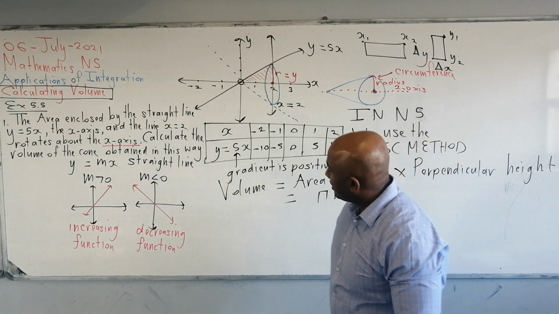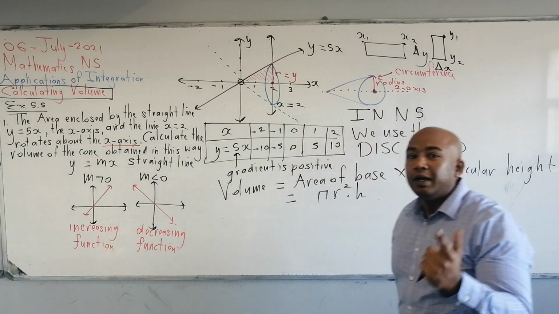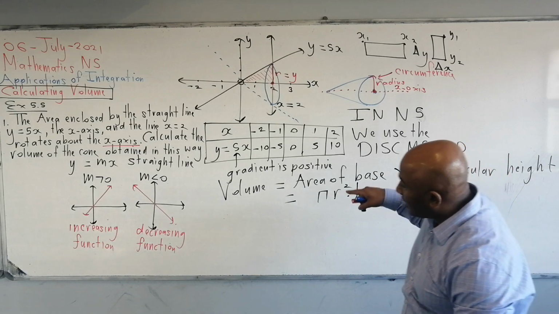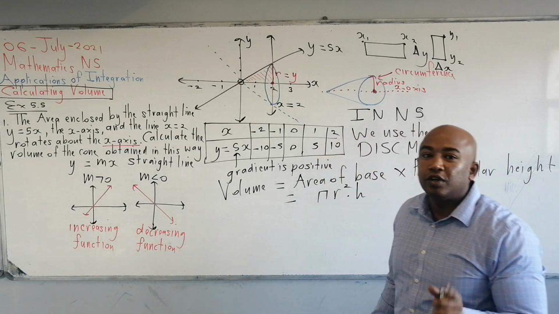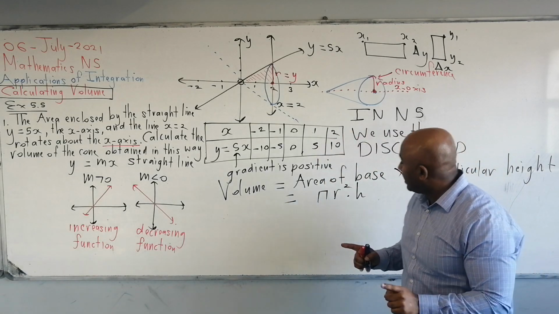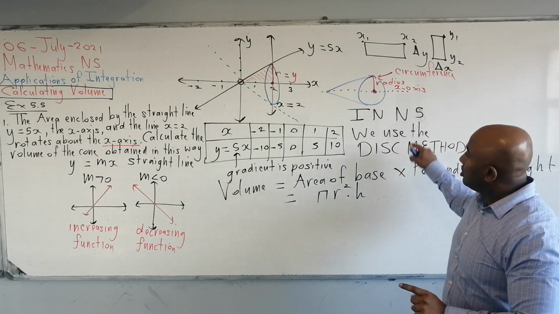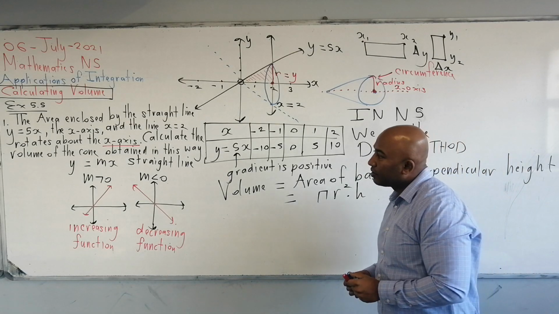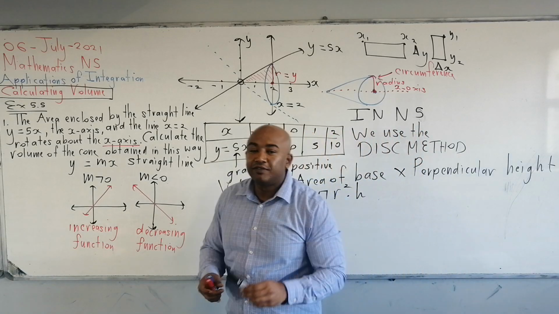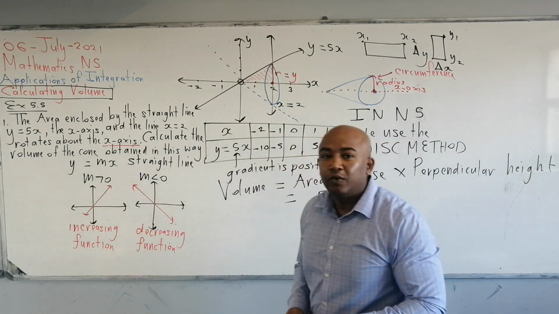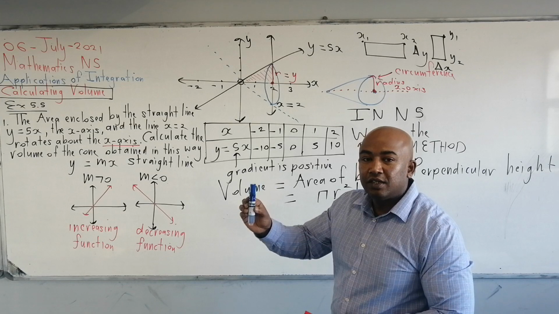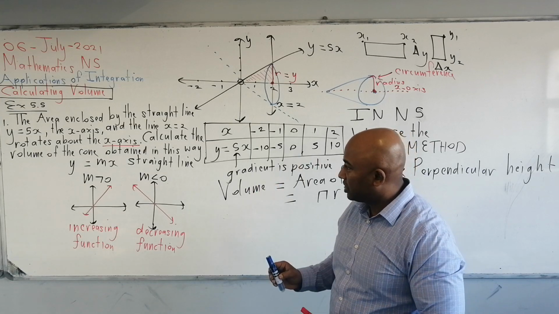That is, we have a choice when we are working out area. However, when we are working out volume, we do not have a choice because we are restricted to just one method, which is this method. So therefore, our representative rectangle must always be perpendicular to the axis of rotation.